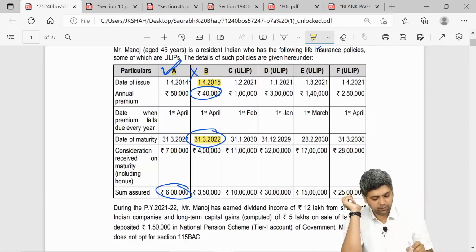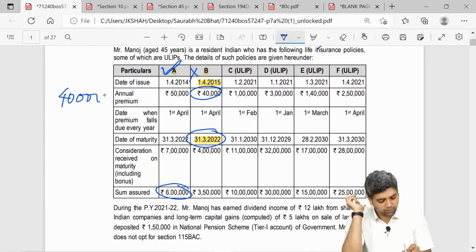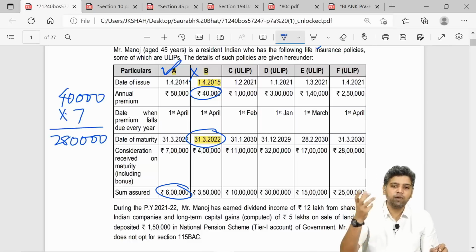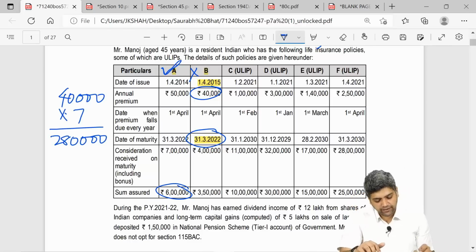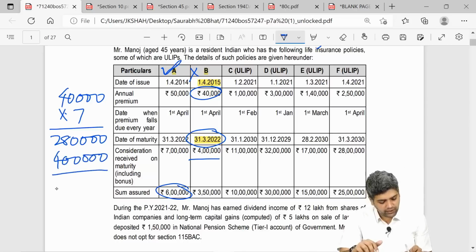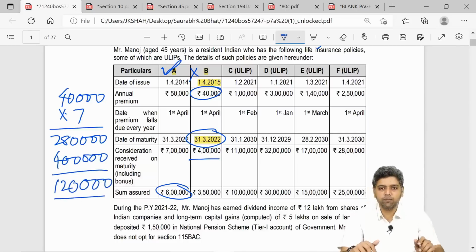That comes to 40,000 multiplied by 7, that is 2,80,000. I have paid total premium of 2,80,000, as against which I have got 4 lakh rupees as the consideration on maturity. So the income arising on maturity of policy number B is 1,20,000.